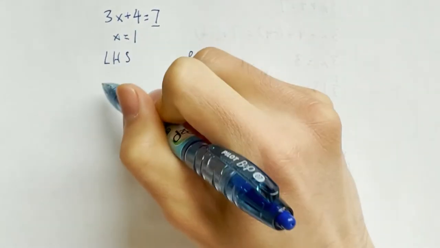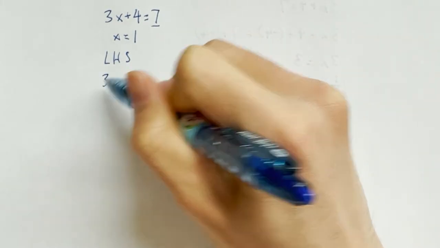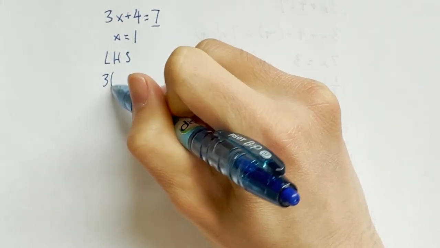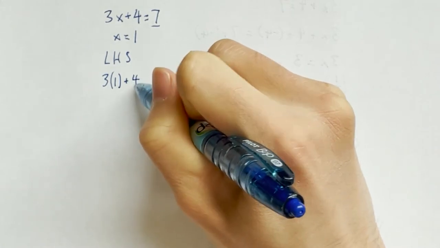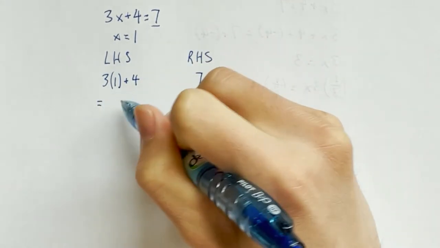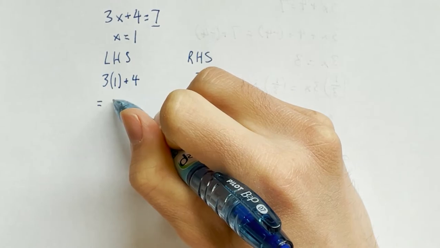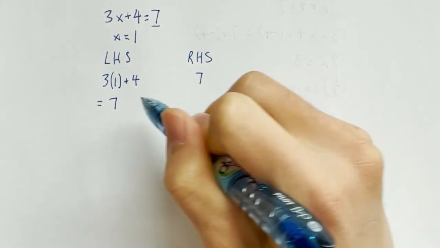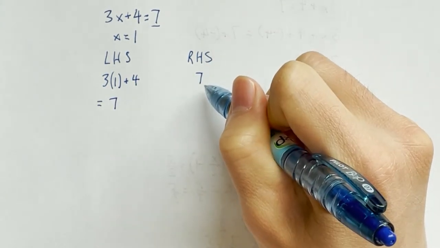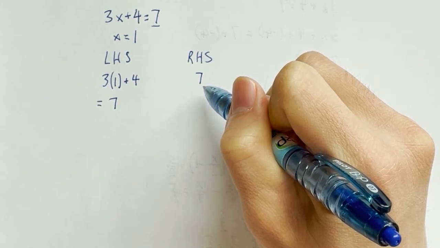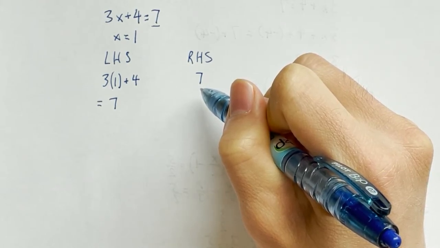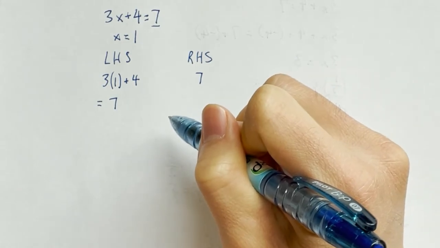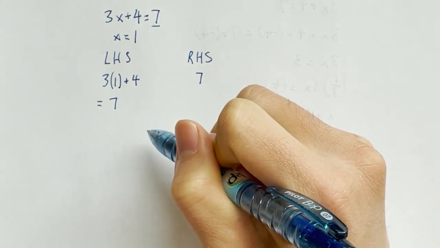On the left-hand side, I have 3x plus 4, and if I substitute x equals 1 here, I have 3 times 1 plus 4. Now this will evaluate to 3 times 1, which is 3, plus 4 is 7. And we see that the left-hand side equals the right-hand side, in which case we know that we solved this equation correctly. Now I'd like to invite you to work out this verification method for the second equation that we solved together earlier on.